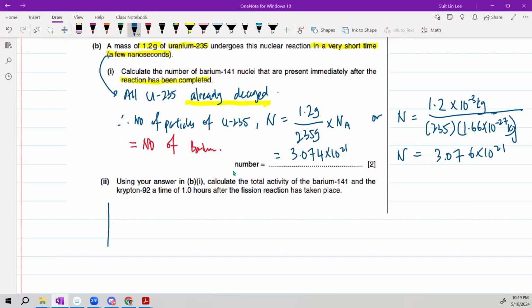This is a nuclear reaction, which is also a chemical reaction, although I'm not quite sure whether they are the same. So the number of particles, you start with 3.07 times 10 to the power 21. Uranium-235 eventually drops to 0 within a few nanoseconds. So fast. Maybe I draw shorter.